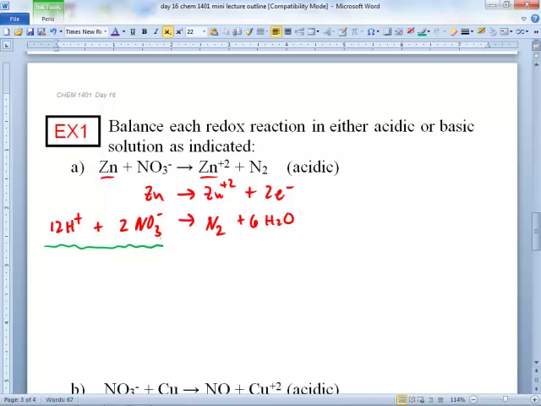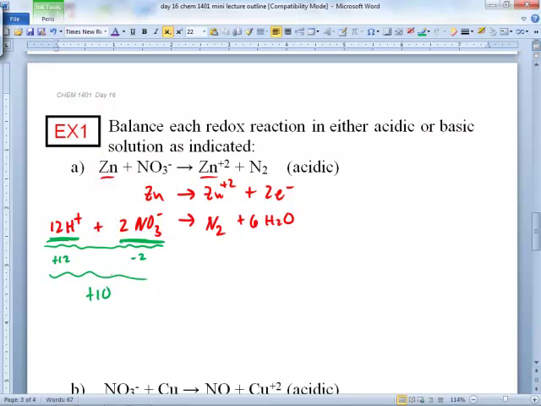Just isolate them. Each H plus has a positive 1. I've got 12 of them. So just here alone, I have a positive 12, just sitting there. What's sitting right here? A negative 2, right? So I've got a negative 2 there and a positive 12 here. The total would be positive 10.